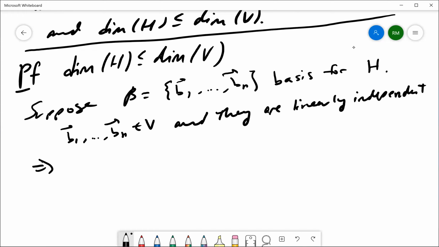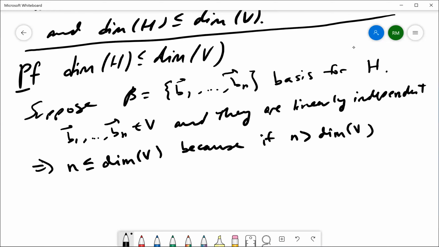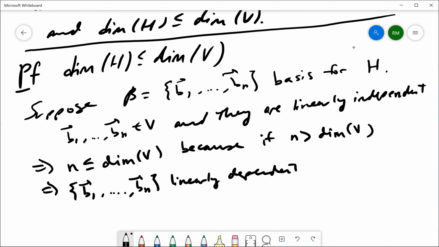This tells us that n must be less than or equal to the dimension of V, because if n were bigger than the dimension of V, this would tell us that our set was linearly dependent by the first theorem today.